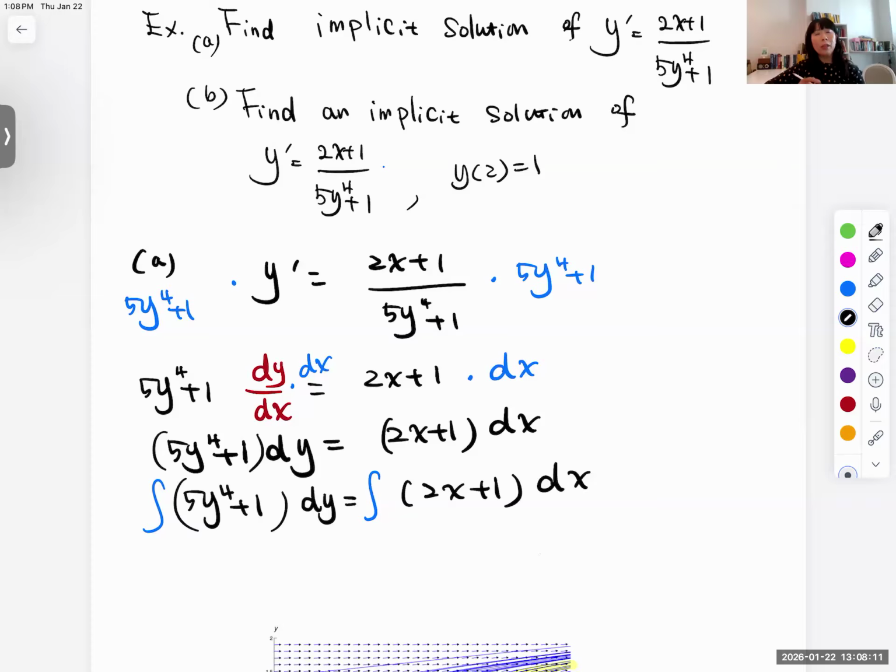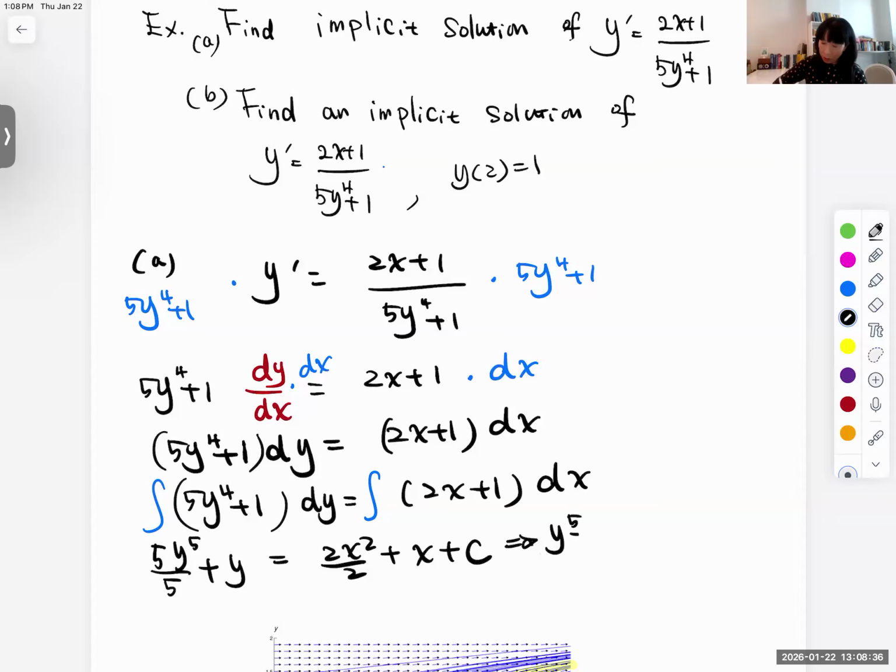Left side, what do you get? We integrate term by term, so we have 5y to the fifth power over 5 plus y equal to 2x squared over 2 plus x plus c. So that will be y to the fifth power plus y equal to x squared plus x plus c. That is the general solution.